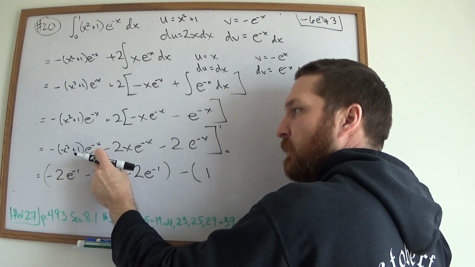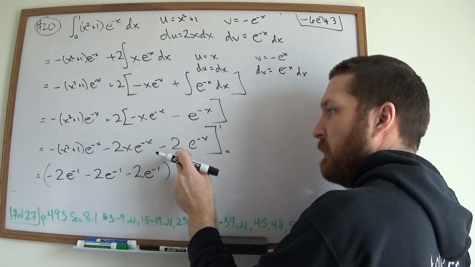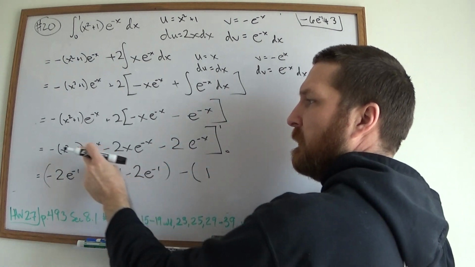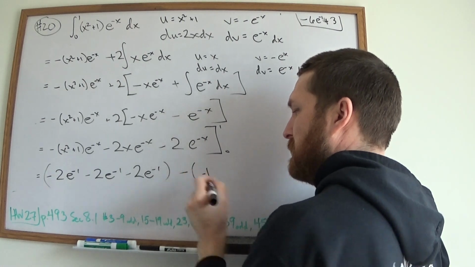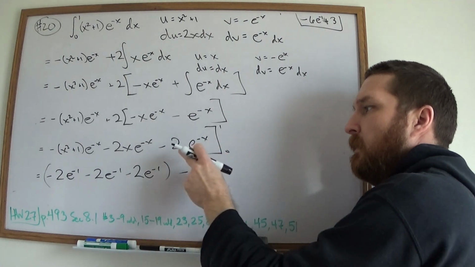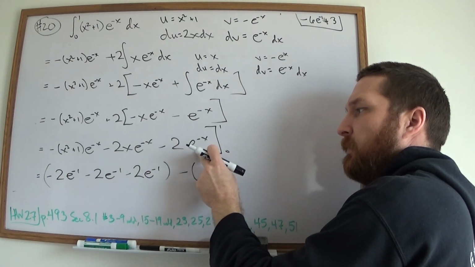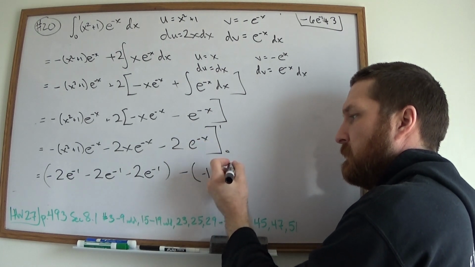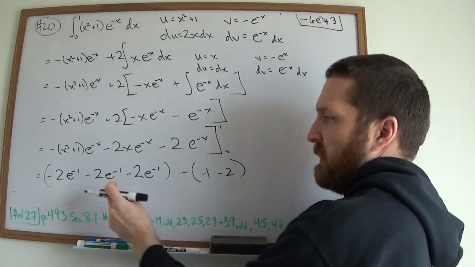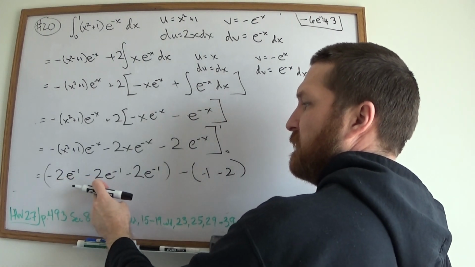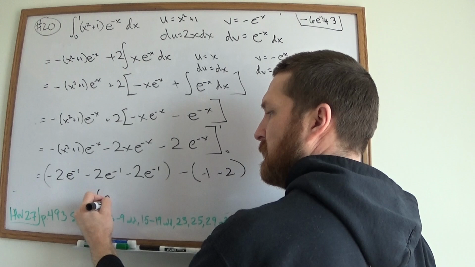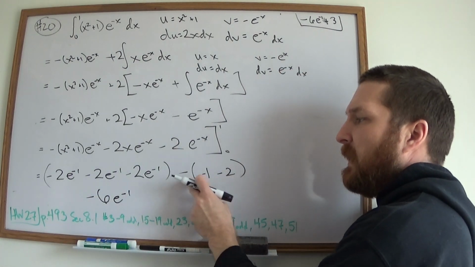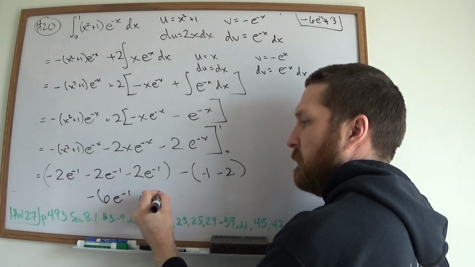E to the 0 is 1. Minus 2. Oh, that was a minus, wasn't it? I messed that up. So that's a minus 1, minus 2, plug in a 0 here, e goes to 1, so minus 2. So that's minus 2, minus 4, minus 6 e to the minus 1s. Minus, that's a minus 3. Minus 3 is plus 3.